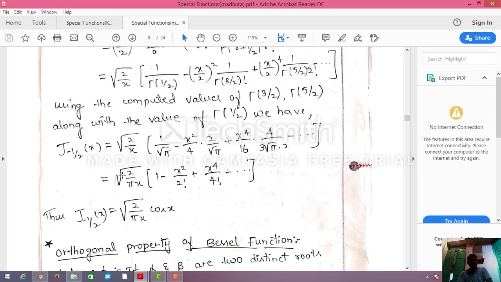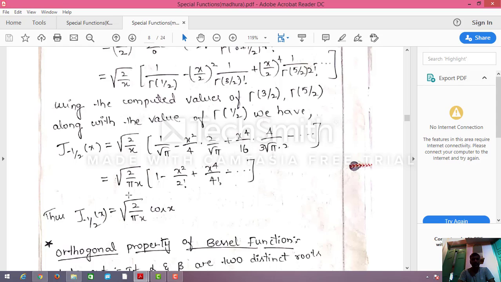If you take root pi outside, square root of 2 divided by pi x, 1 − x² by 4. 4 I am writing as, these 2 twos are, remaining 2, that one I am writing 2 factorial, plus 4 fours are, 4 into 3, 12, 12 into 2 should be 24, 24 I am writing as 4 factorial, minus and so on.